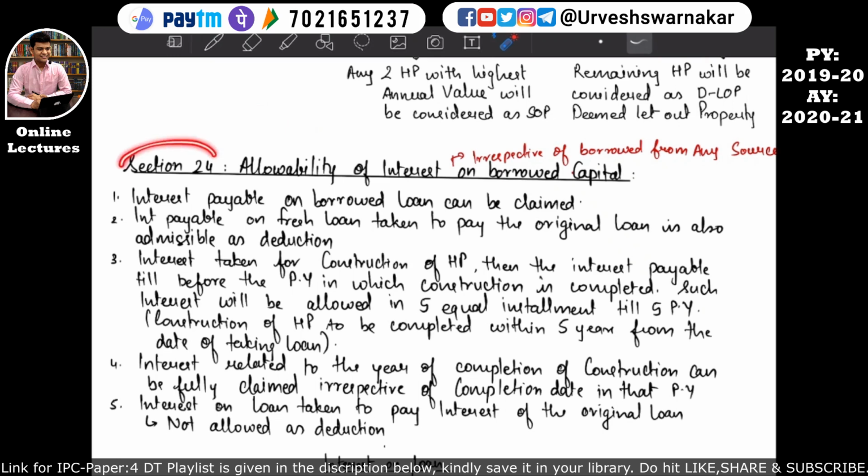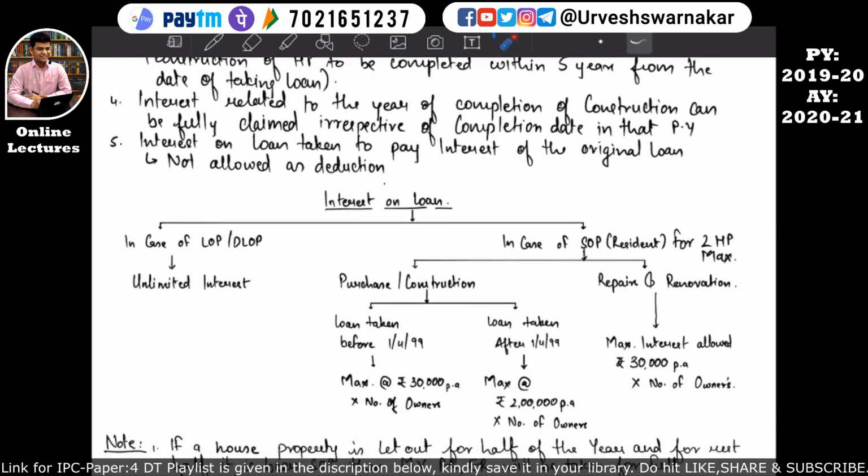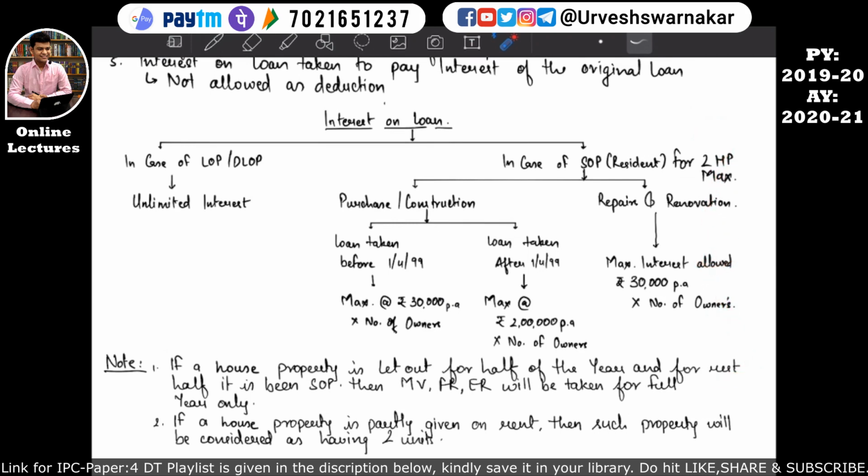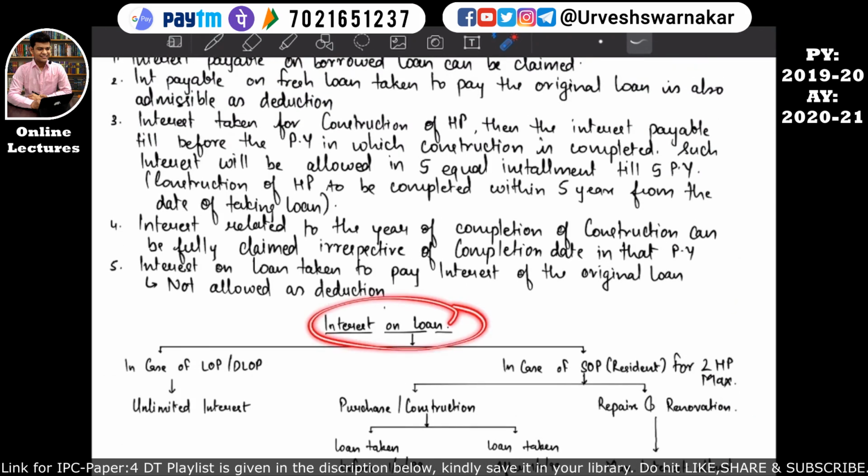So in section 24, is there any such condition? By reading this part, you might be aware by now that if an assessee has taken a loan and is paying interest on such loan, the borrowed capital can be from any source. It does not have to be from a specific source like a particular employer or a particular bank. Let's read this entire thing and then I'll explain further, because there is one more chart that we need to study. This is specifically for interest on loan only.